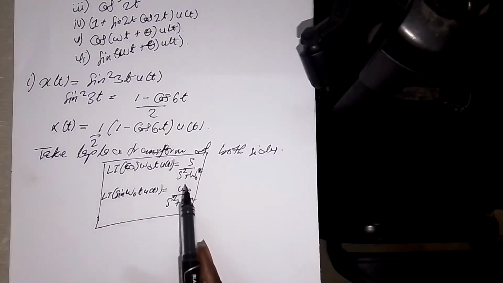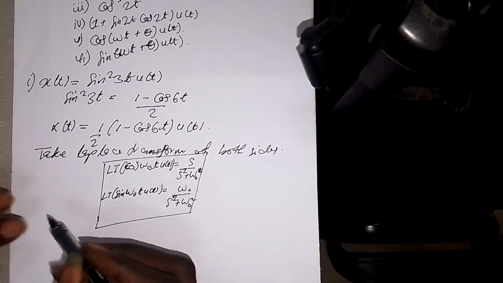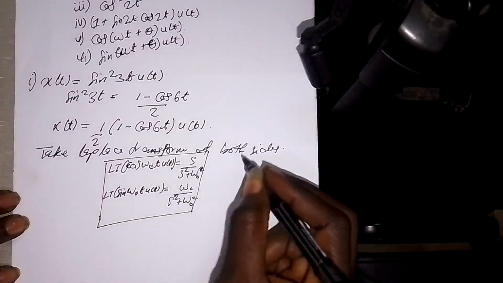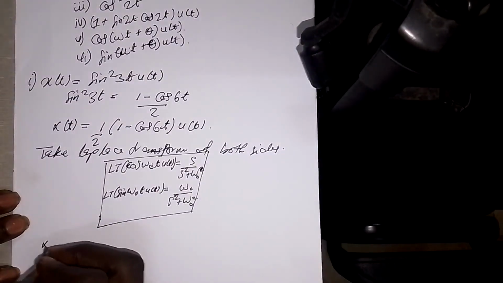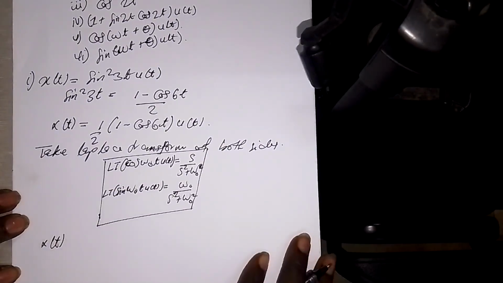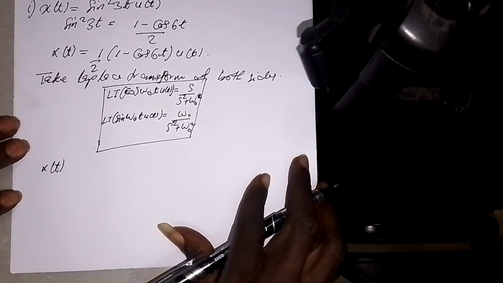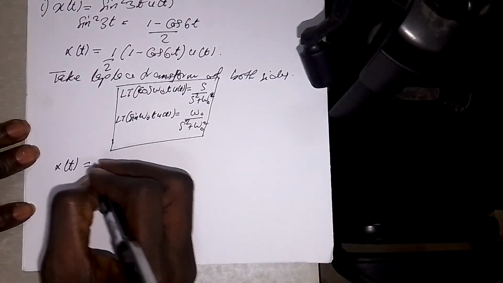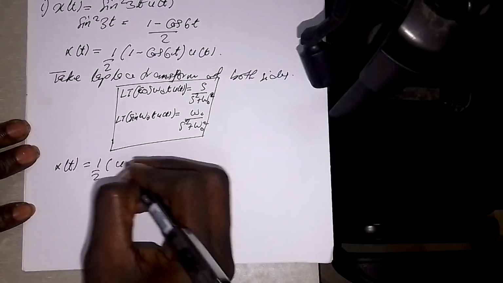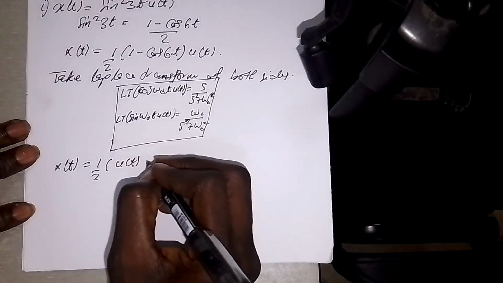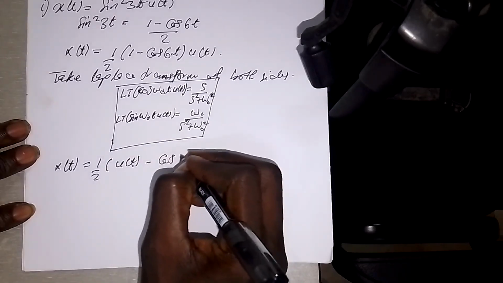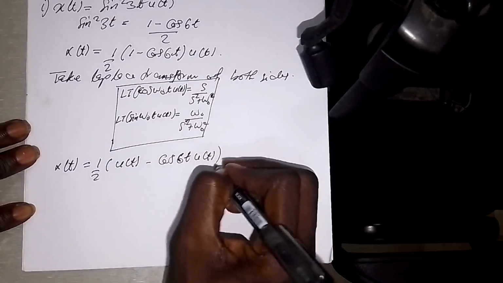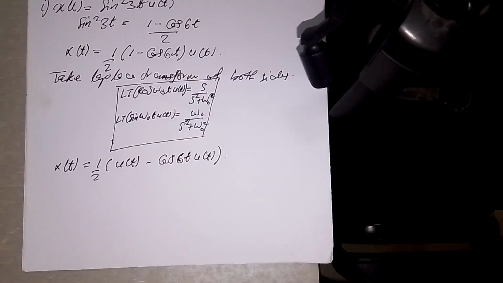Here I can just multiply through, even before taking the transform of both sides, and say that x of t equals 1 over 2 into (u of t minus cos 6t into u of t).